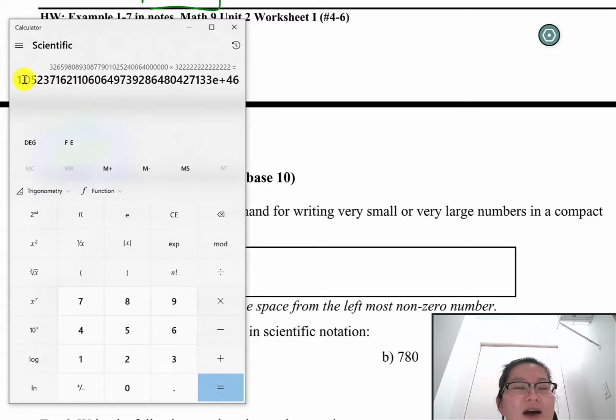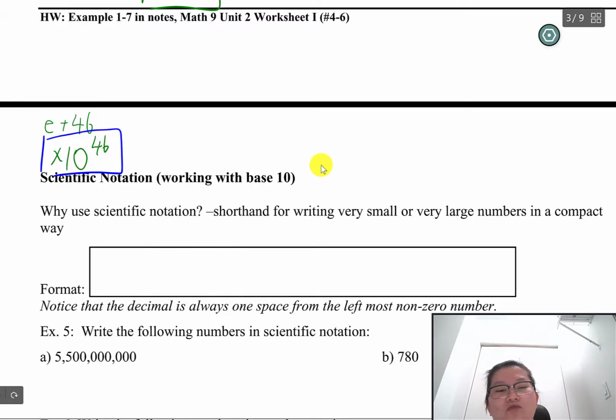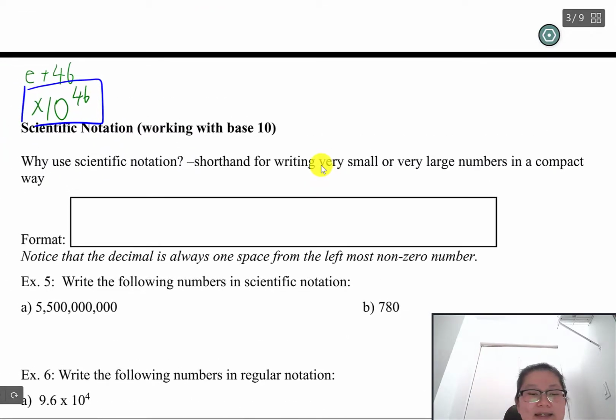It's always right after that first number. And that is the signature form of scientific notation. That decimal place must be after that first non-zero number. So that's very important. Let's take a look at an example.